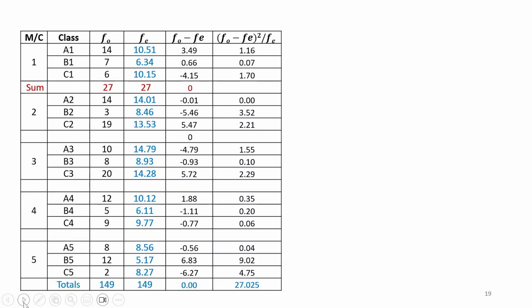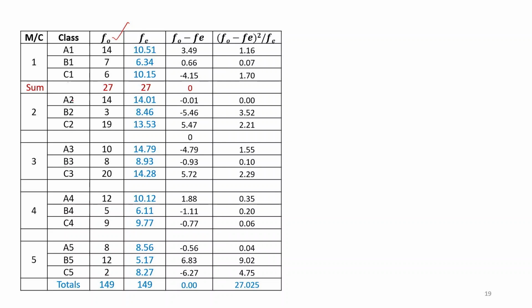the table looks a little different, but what we have done is show the frequencies which are observed or actual. So machine 1 and the type of stoppages A, B, C. Machine 2 stoppages A, B, C. Machine 3 stoppages A, B, C. So we write A2, B2, C2.